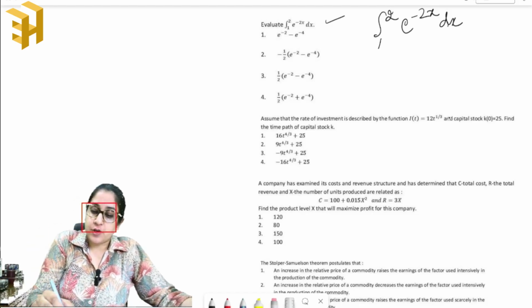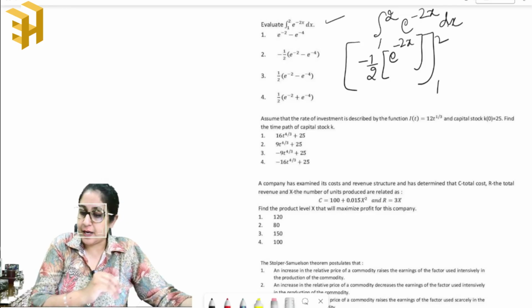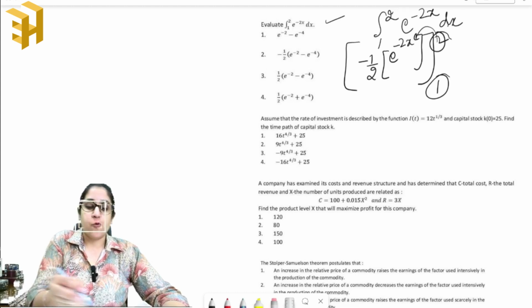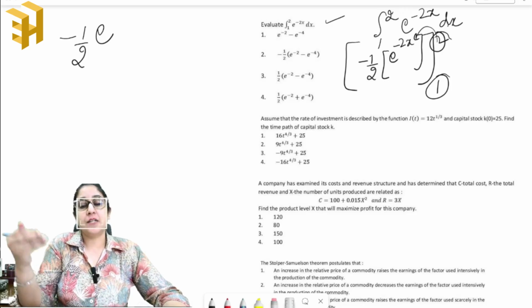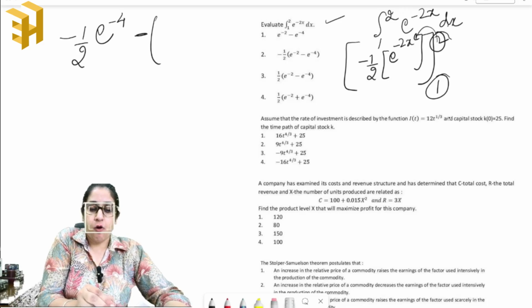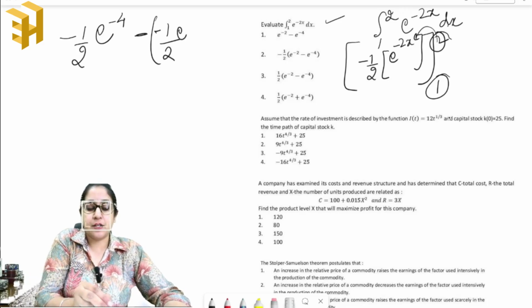Let's start. So it will be minus 1 by 2 e raised to power minus 2x, and we are given the range of 1 to 2 here. So we'll just substitute these values in your x. We get that minus 1 by 2 e raised to power minus 2 into 2 minus 4 minus of minus 1 by 2 e raised to power minus 2 into 1 is minus 2.